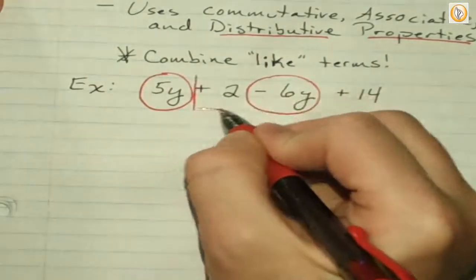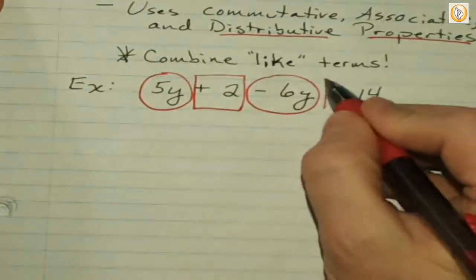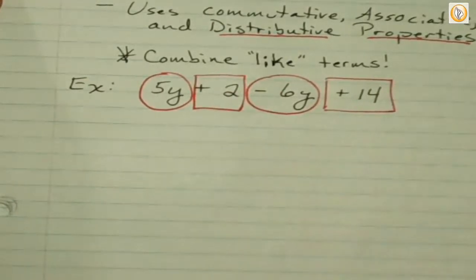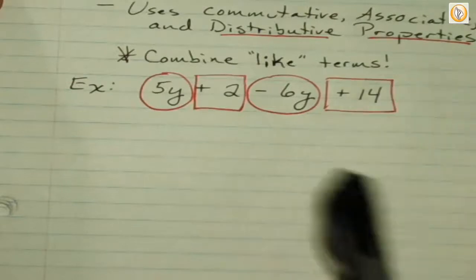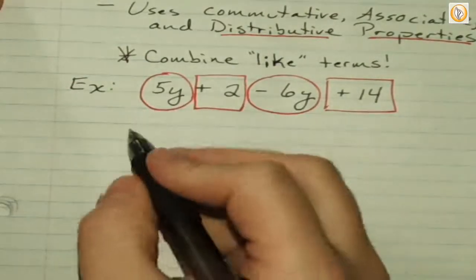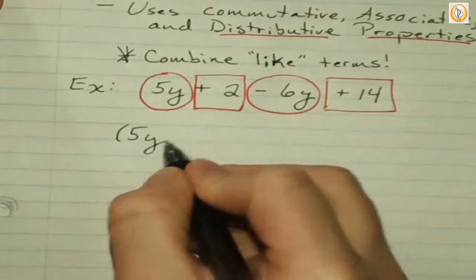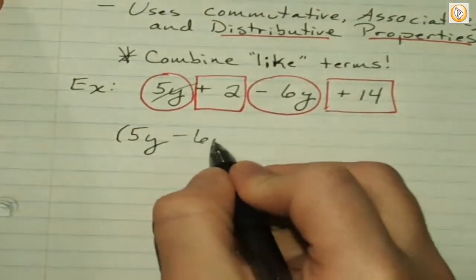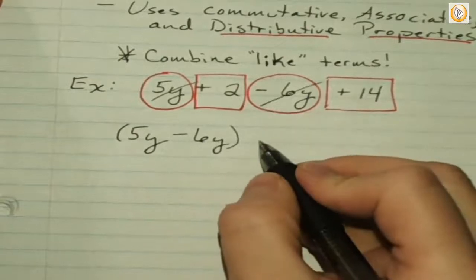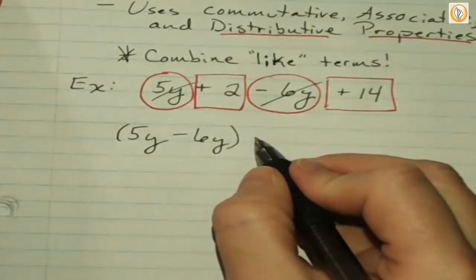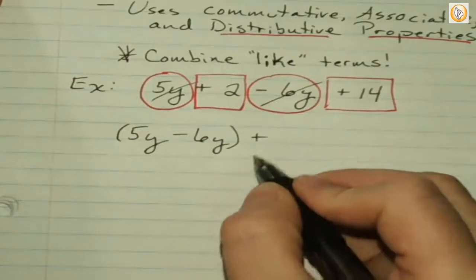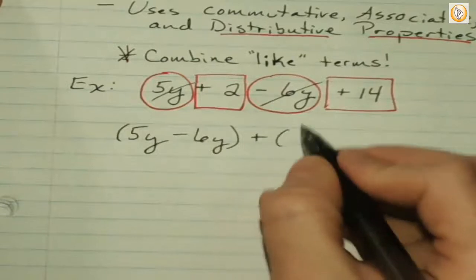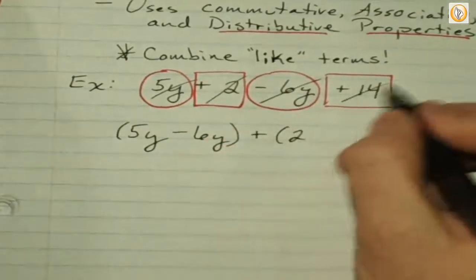Okay, so I'm doing squares here so that my attention, my brain, my eyes are focused on the things that they have in common. So I'm going to start with my y's and combine them: 5y minus 6y. Does anyone remember what I put after the parentheses? Kelly? A plus sign. Good. Always a plus sign. And then I have 2 plus 14.